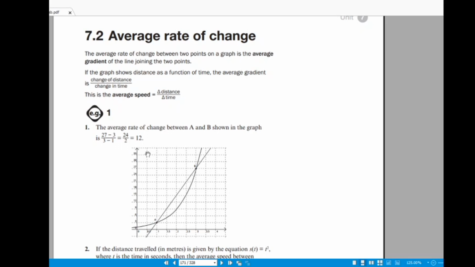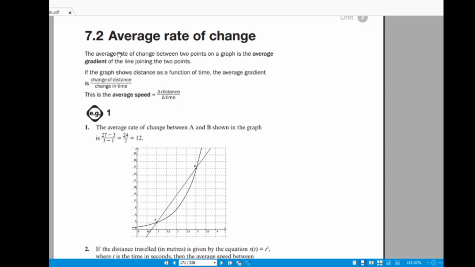Like for example, the average speed is calculated as the rate of change in distance, right? We're saying the rate of change in distance because we are calculating the change in distance over the change in time. So in terms of x and y, the gradient can be interpreted as the change in y over change in x, right?